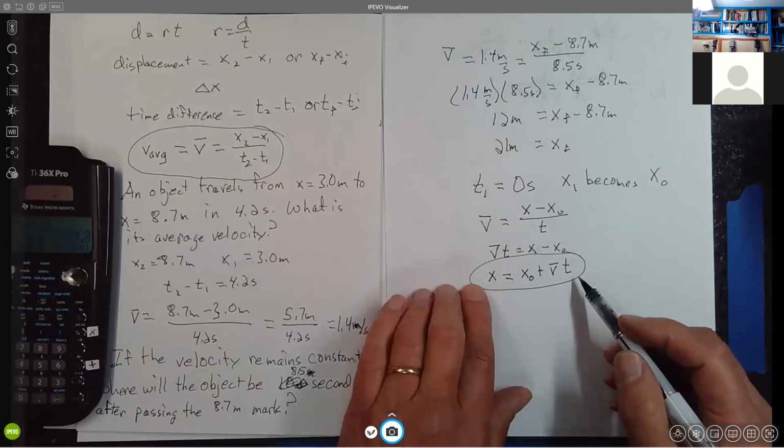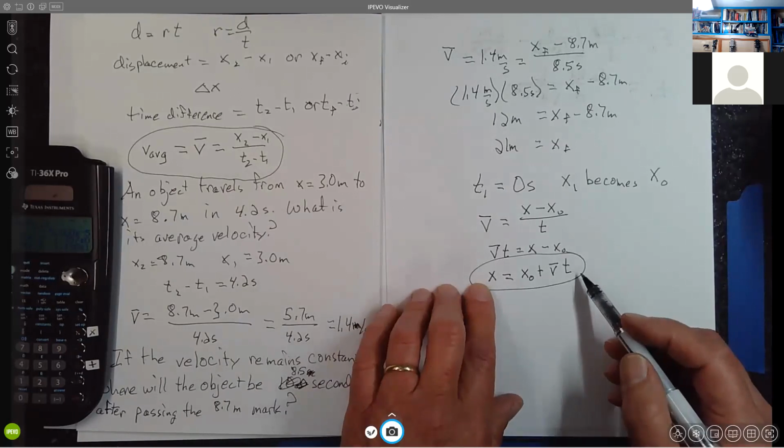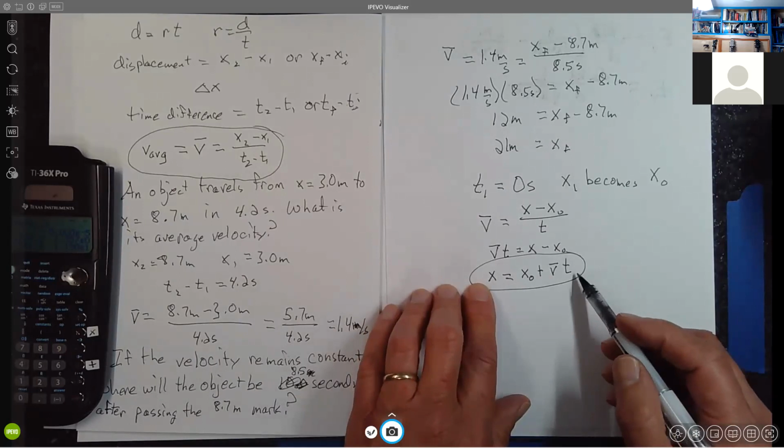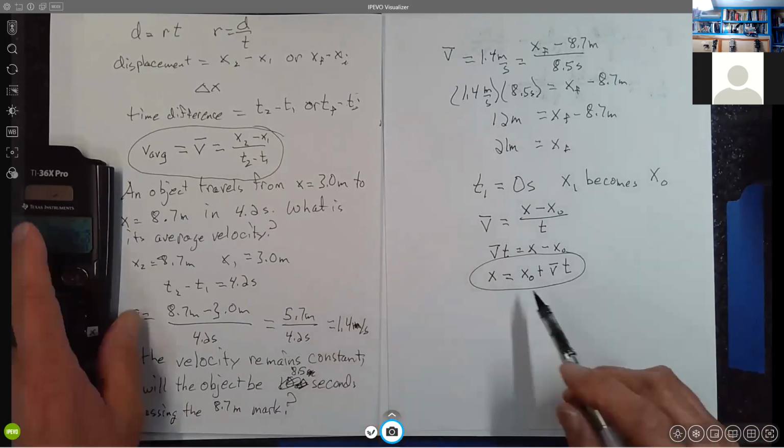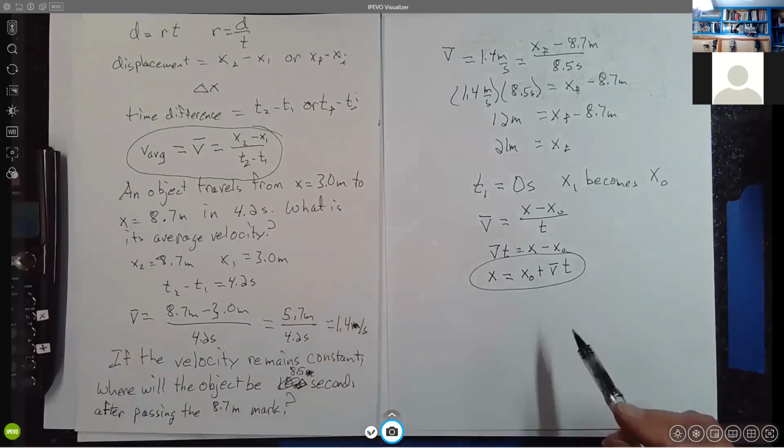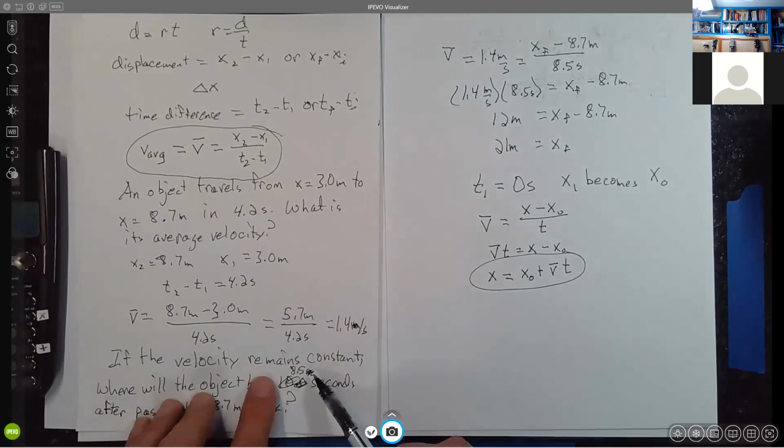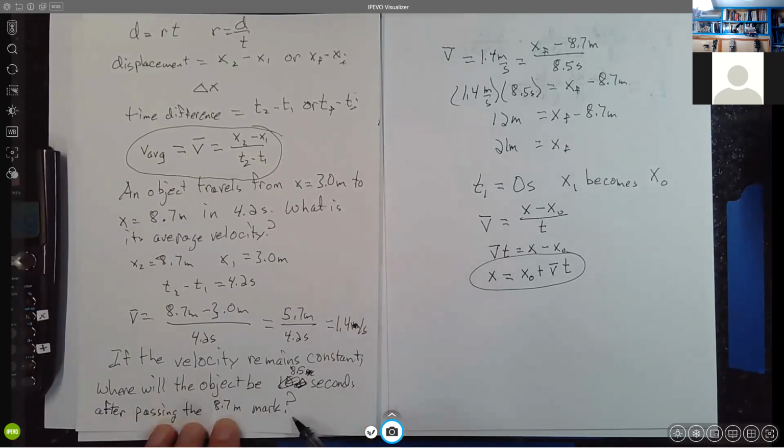And this works if you have 0 acceleration or if you have a constant acceleration. That equation will work. And here's how I could have used it in this case. I could have said, if the velocity remains constant, where will the object be 8.5 seconds after passing the 8.7 meter mark? Well, let's just start the clock then.